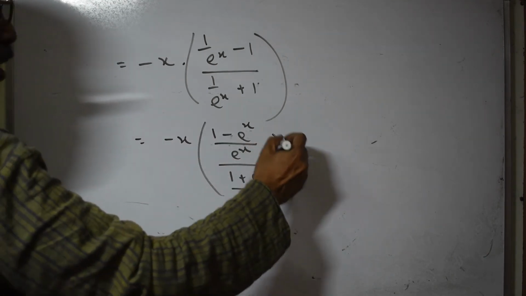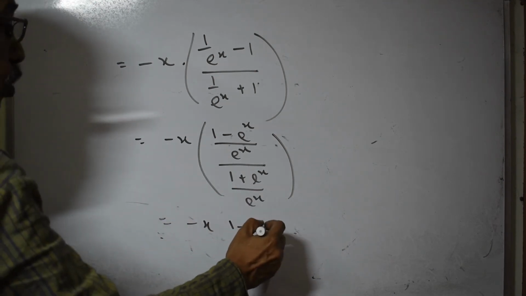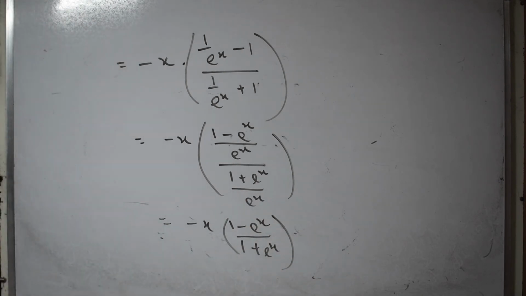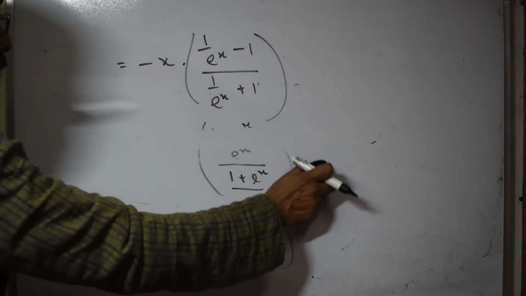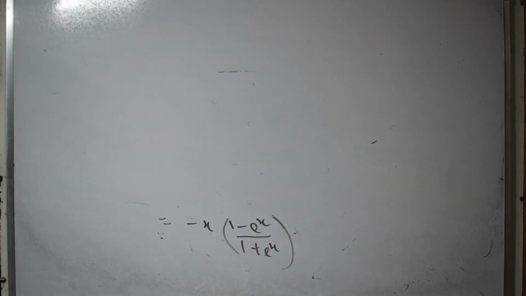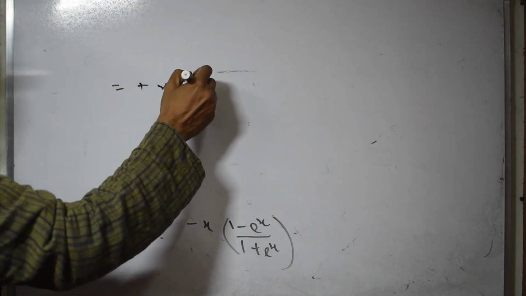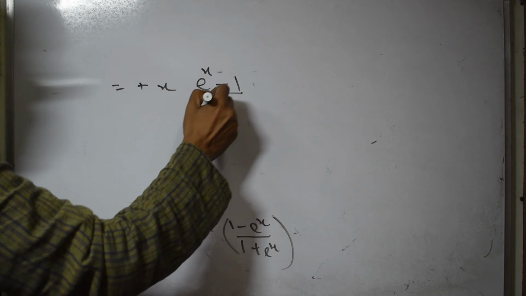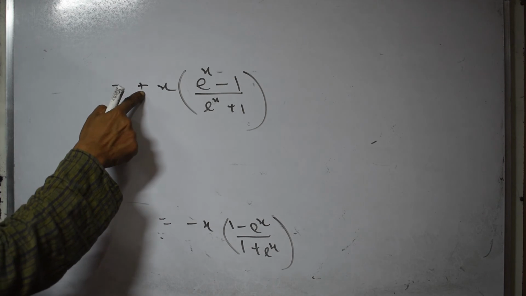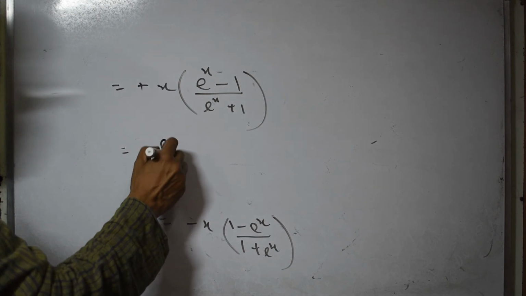E to the power x cancels out. Now taking the minus sign common from the numerator, it will be minus of minus x, that is plus x, into (e to the power x minus 1) by (e to the power x plus 1). We took the minus sign common from the numerator to make this minus sign plus. So now look at this expression, this is f of x.